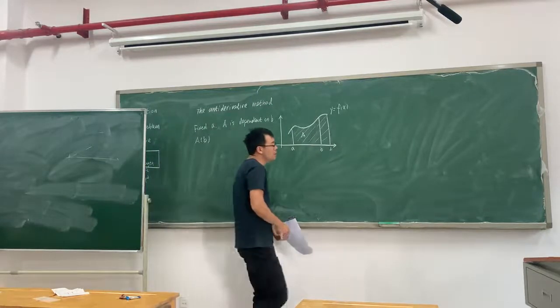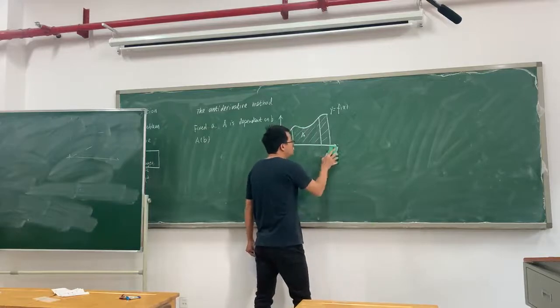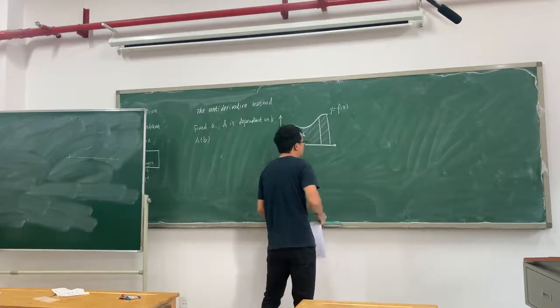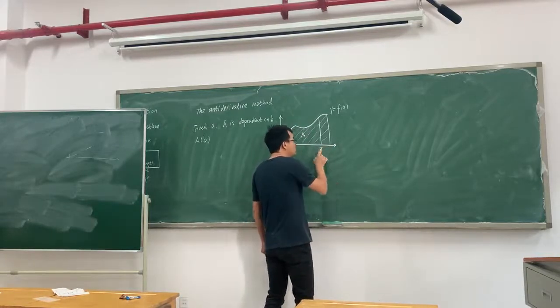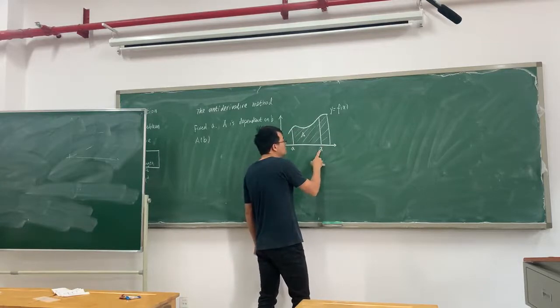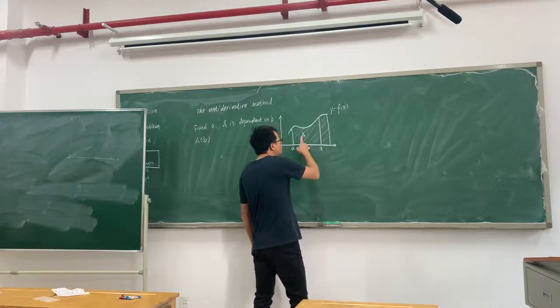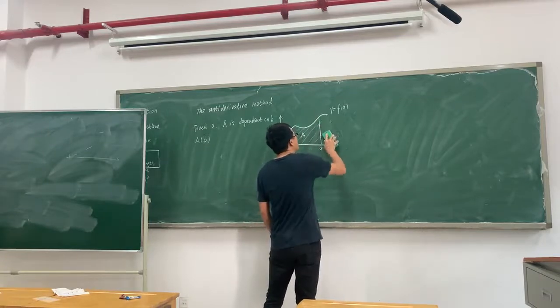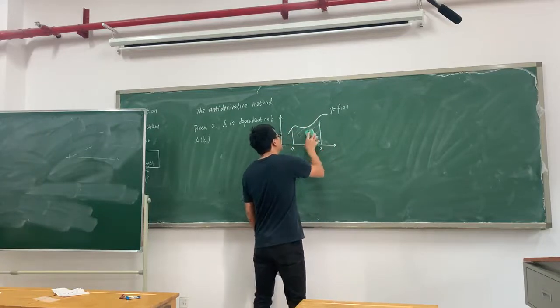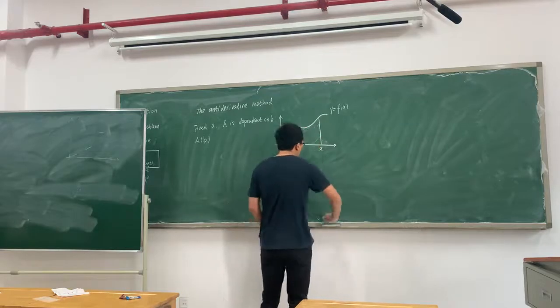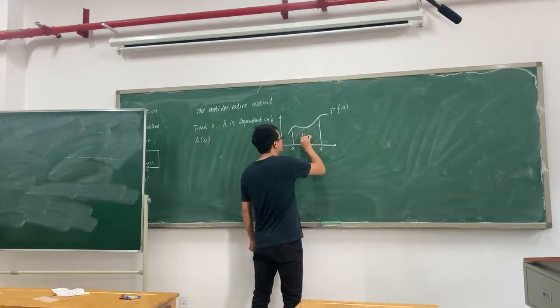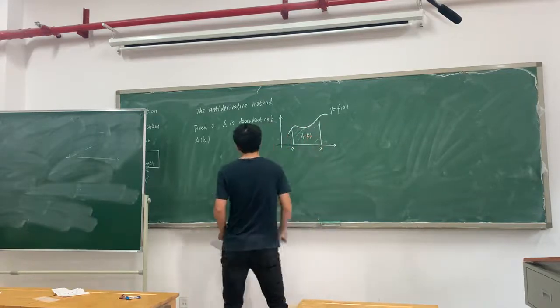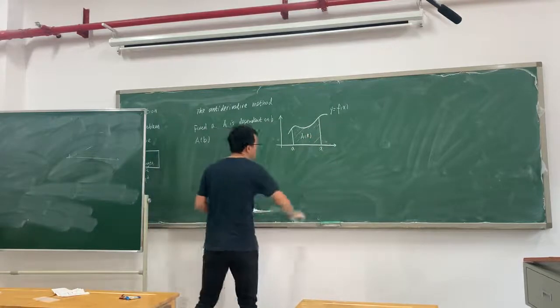So here now we use x to denote the right endpoint. Okay. So the area actually is dependent on x. So here is A(x). Okay. A(x).